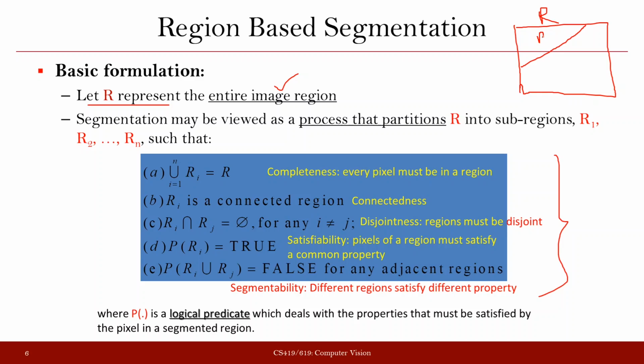So for example, this is R1. Similarly, this is R2. Okay, and if this is segmented like this, then this is R3, and this is R4, and so on.